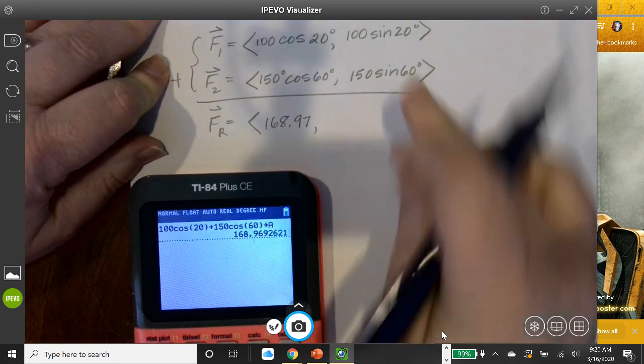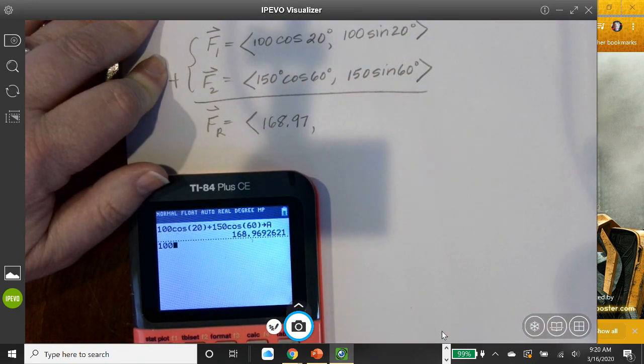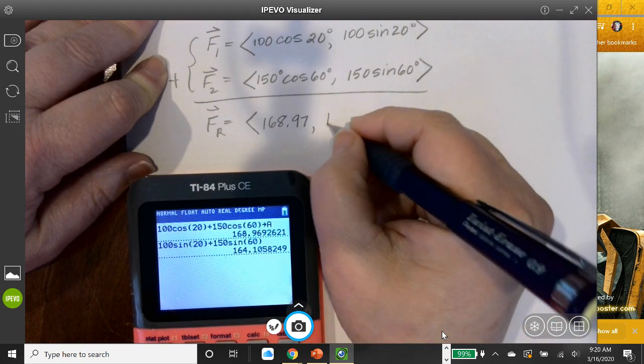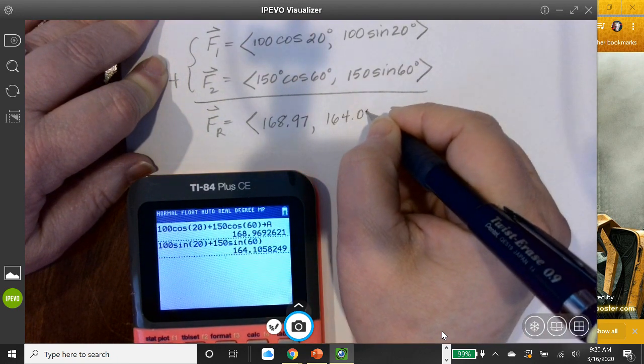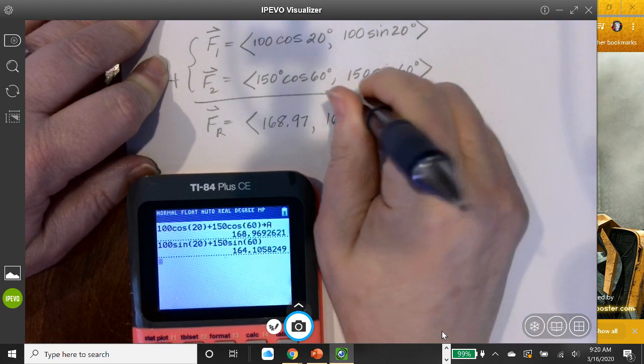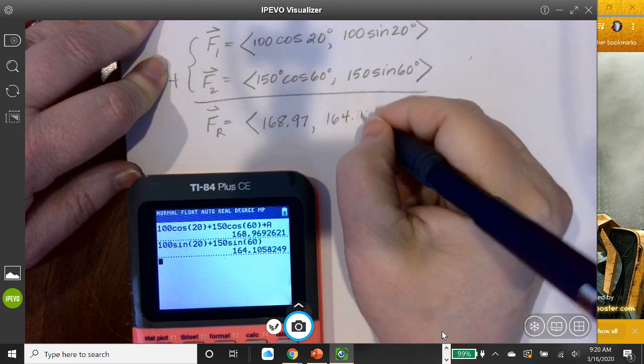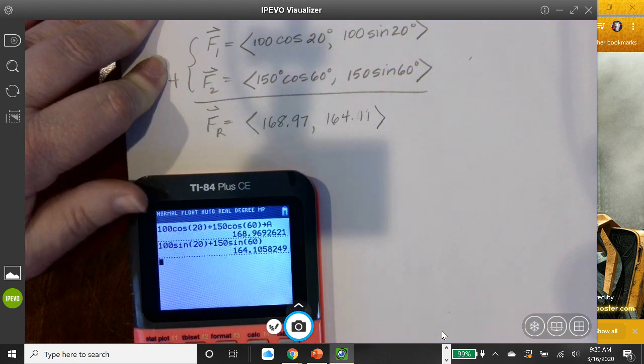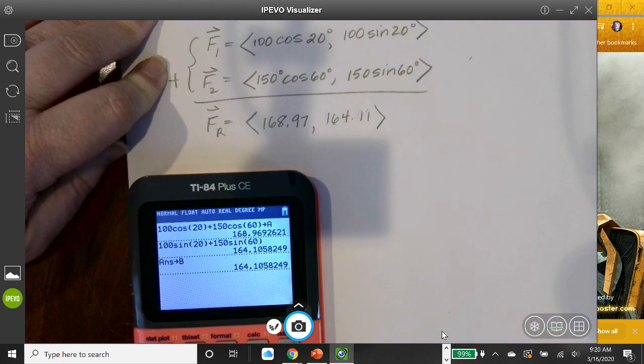Then let's do that for the y component. We're going to get 100 sine of 20 degrees plus 150 times the sine of 60 degrees. And we get 164.11. I forgot to store that into alpha B. So we're going to store this into alpha B because that's the y component.